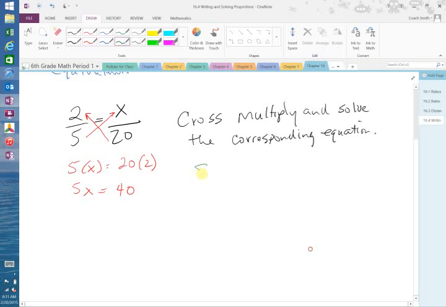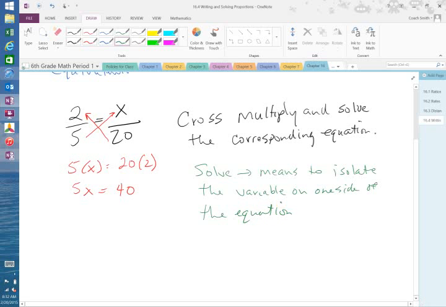Remember, to solve means to isolate the variable on one side of the equation. So to isolate that x by itself, I have to get rid of the 5. To get rid of the 5, we divide both sides by 5.